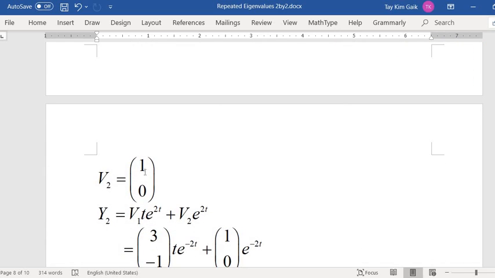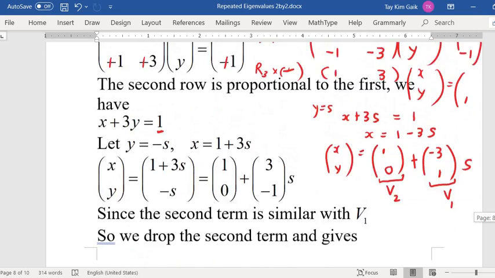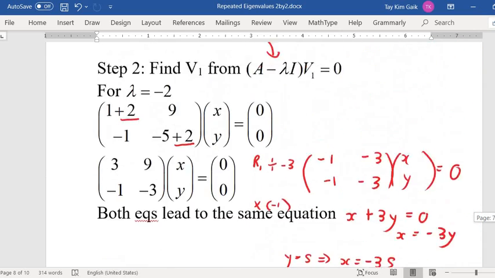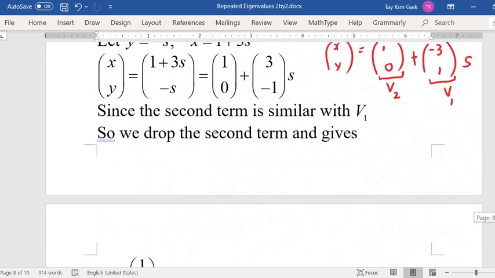So now we follow the type 1, the v2 is 1, 0. So the y2 will be v1 t exponent negative 2t plus v2 exponent negative 2t, because lambda is actually negative 2.